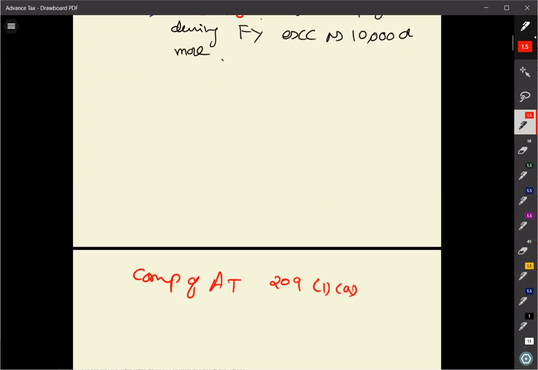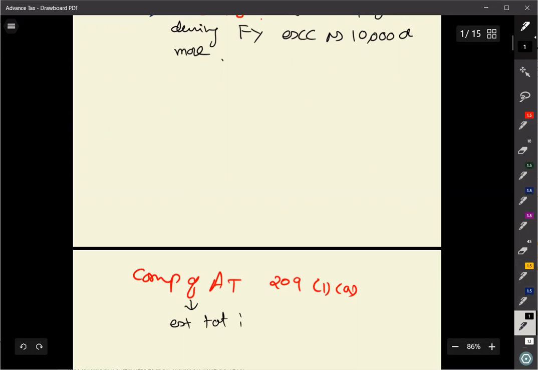So how do you compute your advance tax? As I had mentioned earlier, advance tax shall always be computed in terms of your estimated total income. You do an estimate for the entire year of what income you are earning. That is the amount of tax which you need to pay. So estimate the total income of the year.